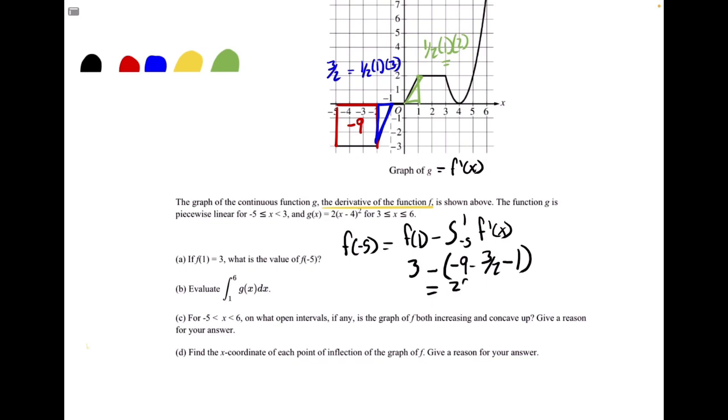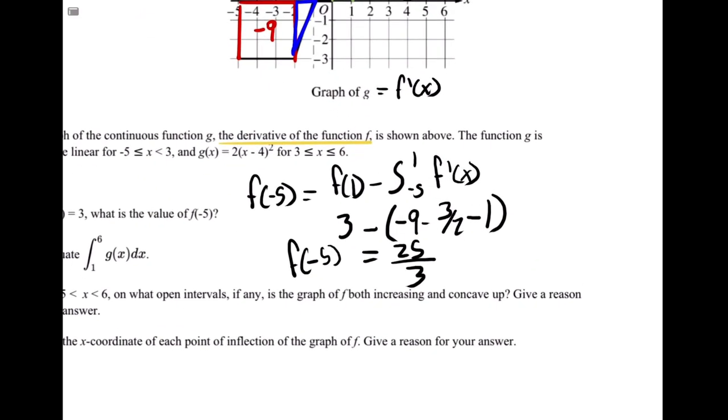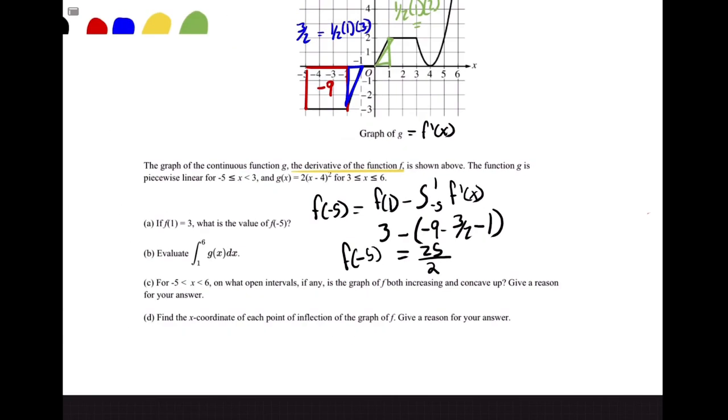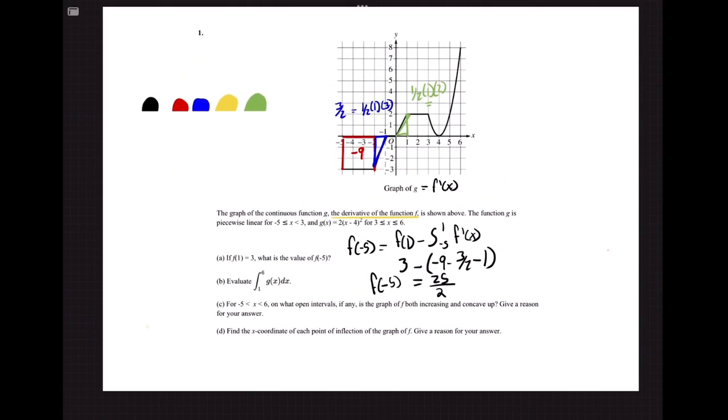This would give you 25/3, making f of -5 25/3. I just realized I made a mistake while writing that equation out. It's not 25/3, it's actually 25/2. So f of -5 is equal to 25/2.